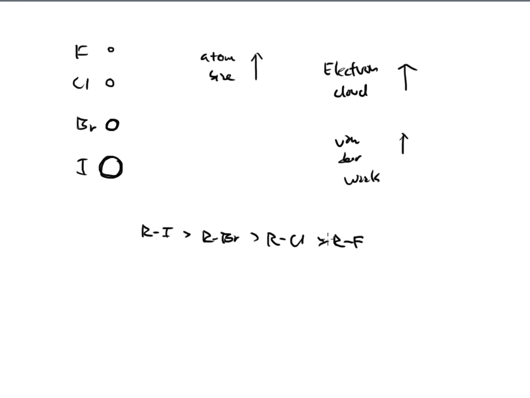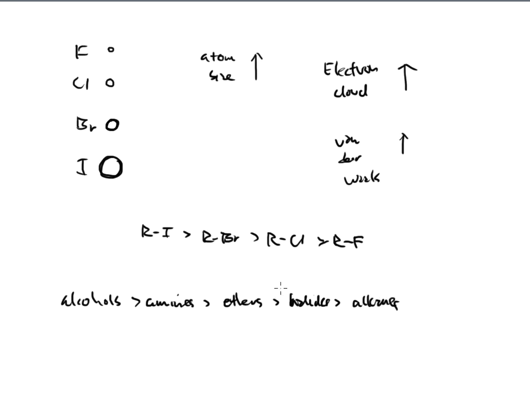We still have to fit it into the overall ranking, and we'll see that. I'll give you a hint. The alcohols are greater than the amines, which are greater than the ethers, and then the halides somewhat fall in here, and then the alkanes.